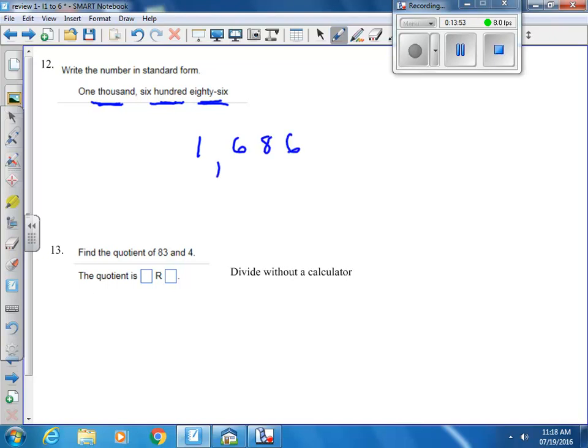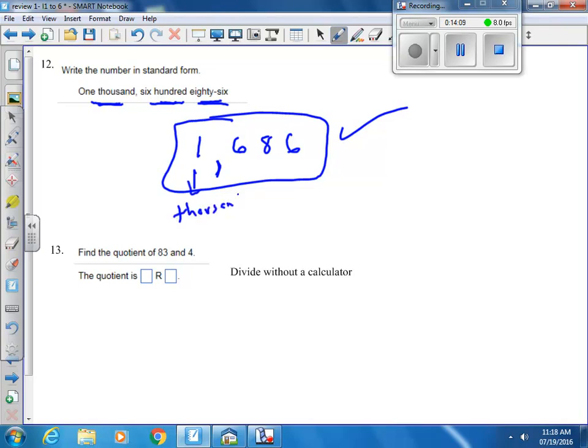So you just kind of have to think about that a moment. The comma will help you place, and 1,000 tells you it's got to be in the thousands spot.